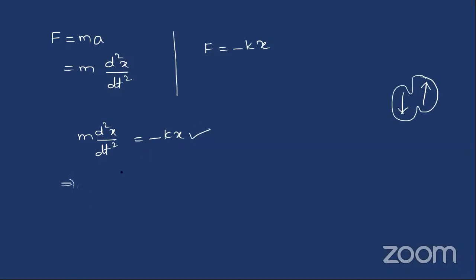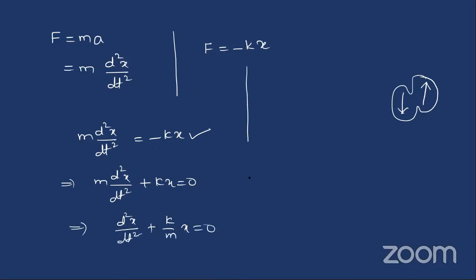Now I'm writing everything on one side: m into d square x by dt square plus kx equals 0. For convenience, I'm dividing the equation by m. So it is d square x by dt square plus k by m into x equals 0.